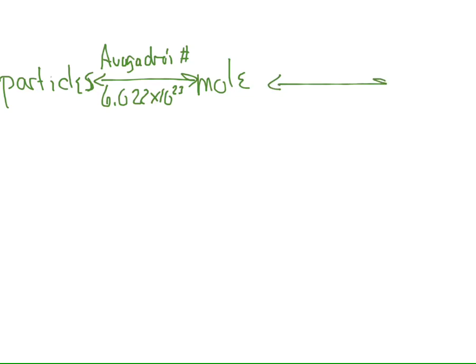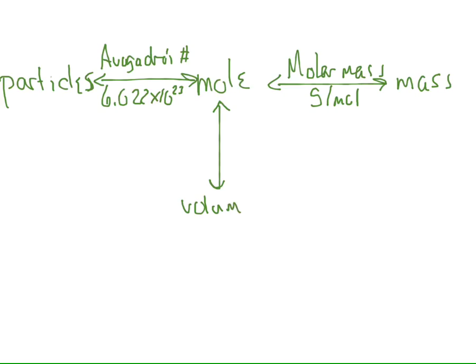We could go from moles to mass. How do we do that? Molar mass, grams per mole. Now we can go from moles to volume of a gas, because we know that 1 mole of any gas equals 22.4 liters, at least when you're at STP.